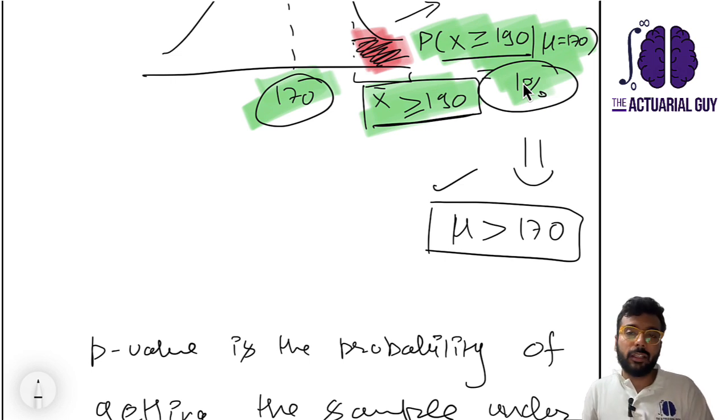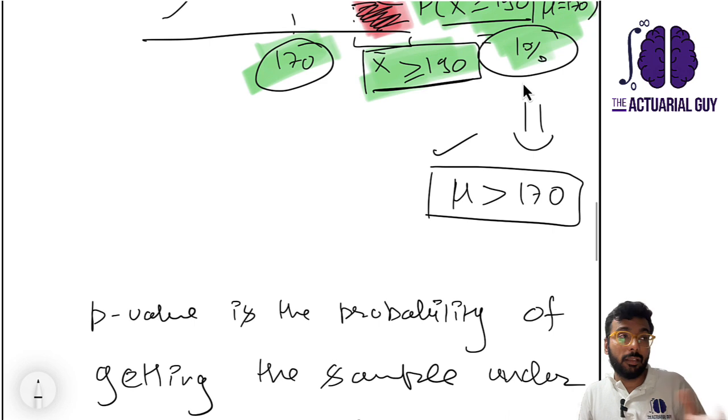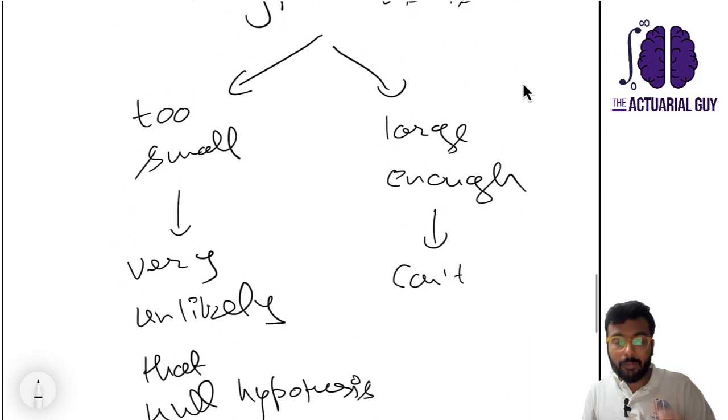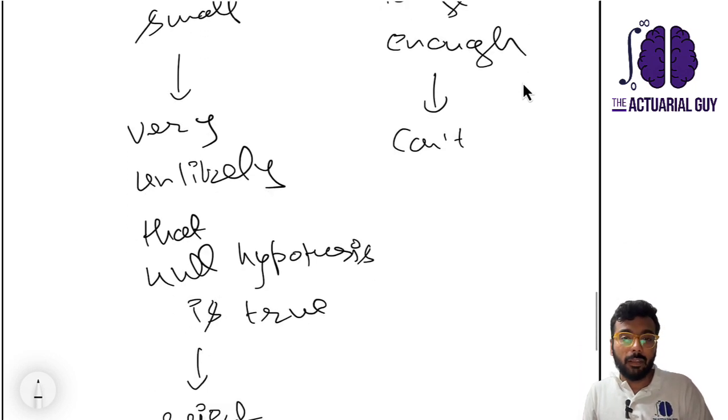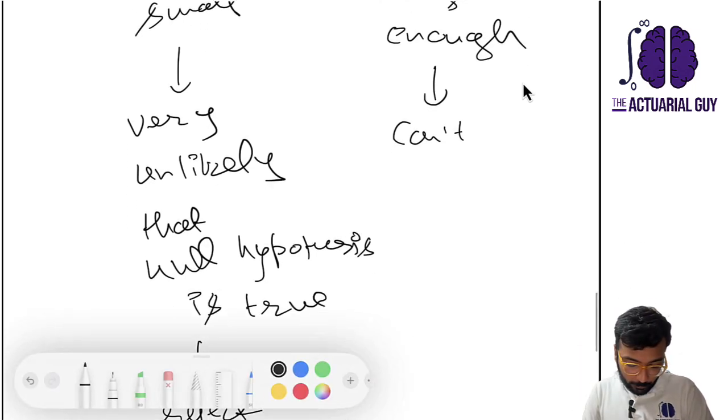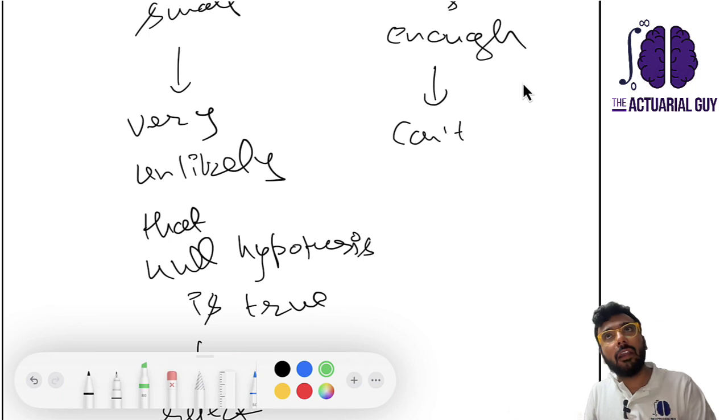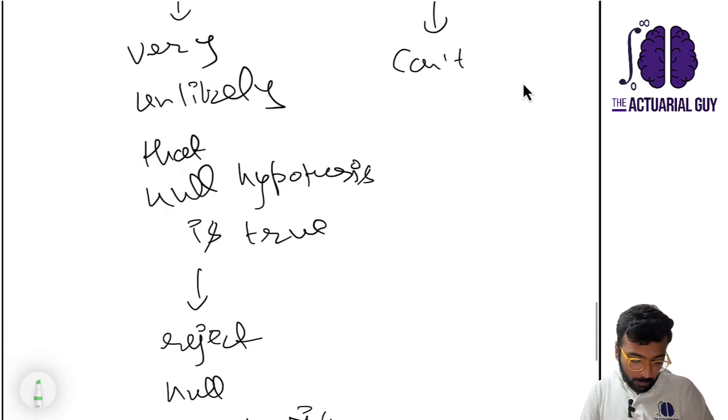Then you can't reject the null hypothesis because you don't have enough evidence. Having enough evidence means that you have gotten a sample which is inconsistent with the null hypothesis. So a sample whose probability of occurring is very low is inconsistent with the null hypothesis.